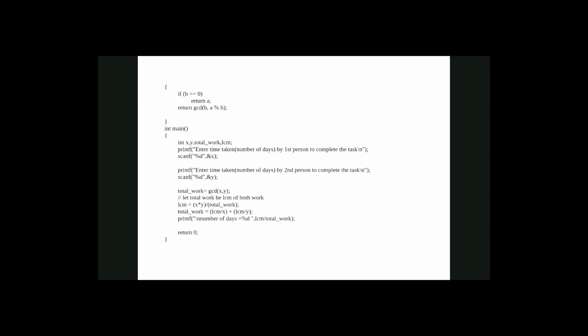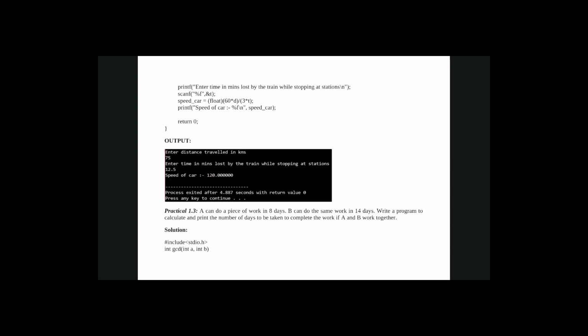So what is happening here? This was our GCD program, and we have A and B values. On the next page, we are calling GCD again. But if we call it with the same values, it will never end.